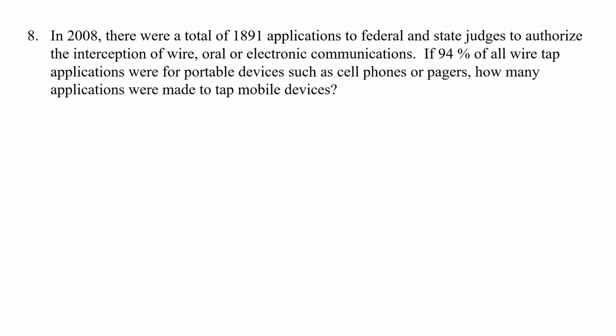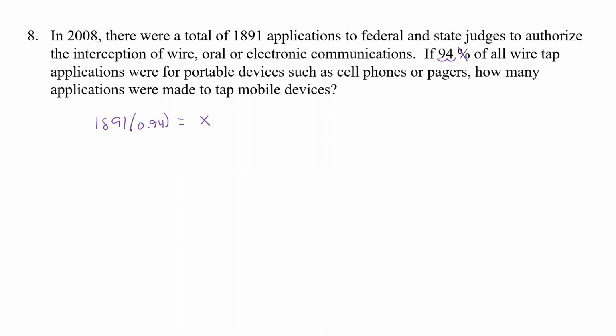All right, well, we have a total number of 1,891 wiretaps made. And we know that 94% of those, and again, remember, you drop the percent and move the decimal 2 places, so that's going to be times 0.94. So 94% of all of these is going to give us x, which is the number of portable devices, such as cell phones or pagers.